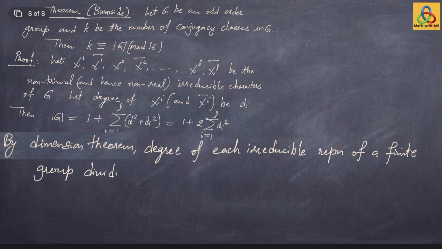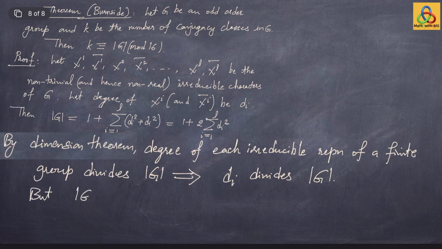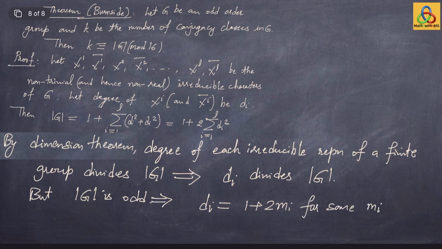This in particular implies that each of these d_i divides the order of the group G, but the order of the group G is given to be odd, which implies that each of these d_i can be written as 1 plus 2m_i for some integer m_i.